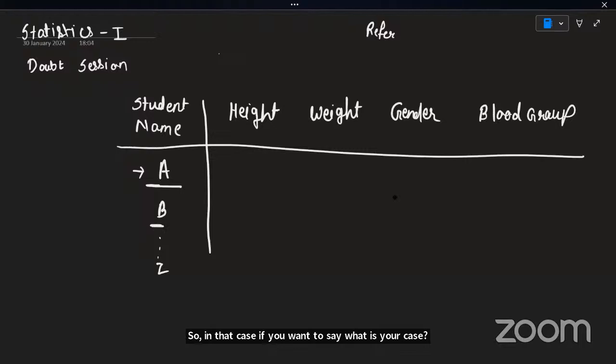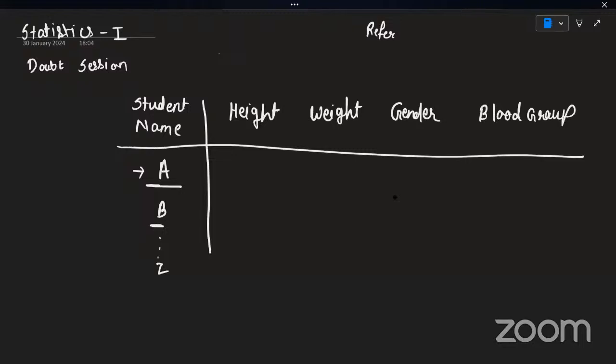When you read different books, they may mix up this language. But just understand, as of now, student name is your case, and inside it you have units for which you are calculating data. So this A, B, C, D or a particular person is your unit.